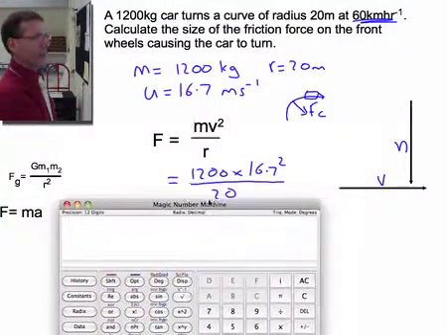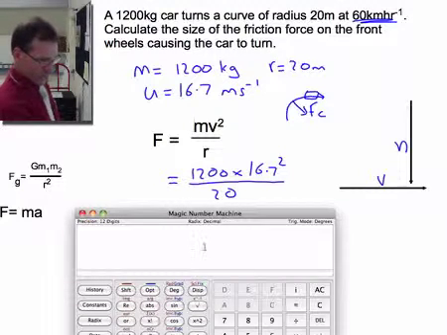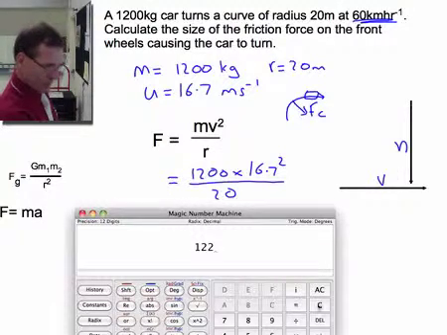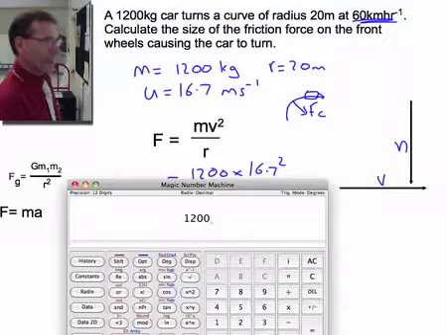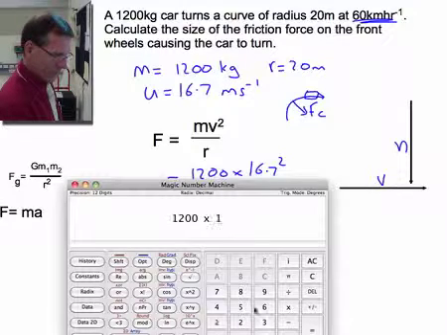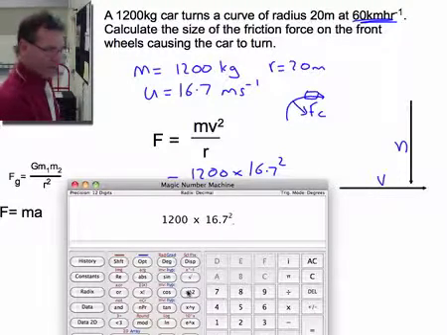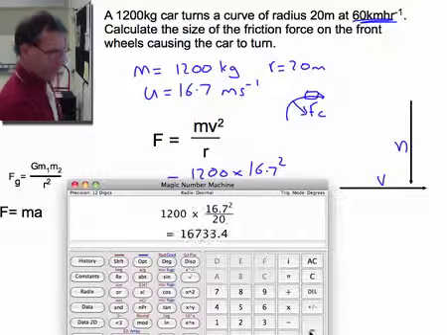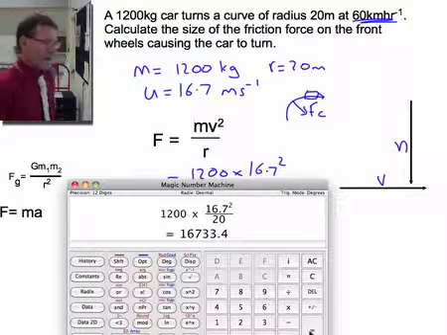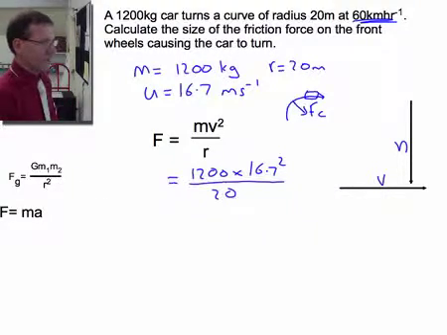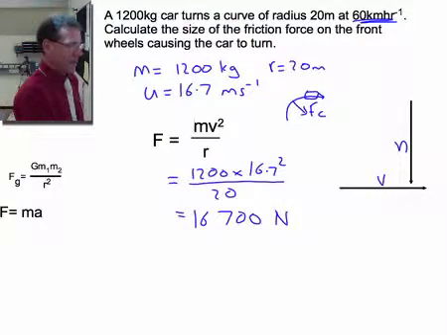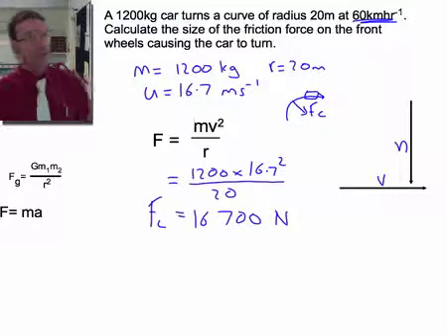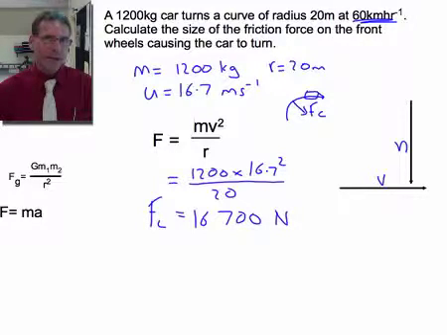If I grab my calculator out, 1200 times 16.7 squared divided by our 20 metres gives us 16,700, we'll call it. 16,700 newtons. So there's the size of the friction force forcing our car to turn around a corner.